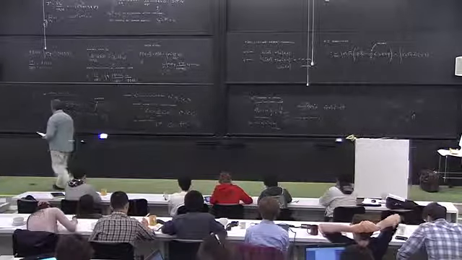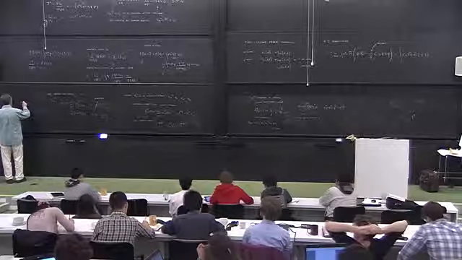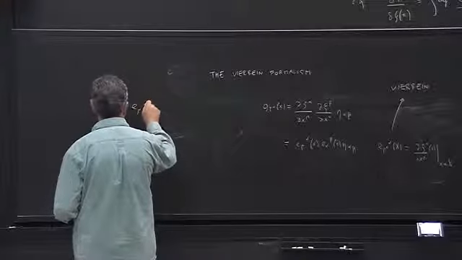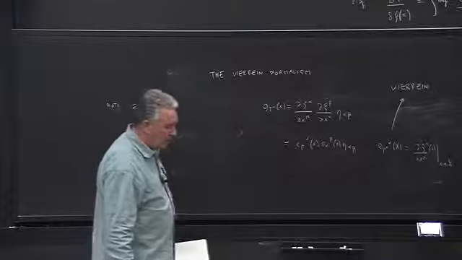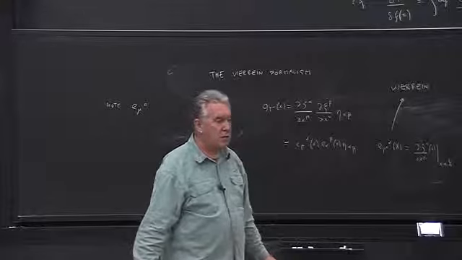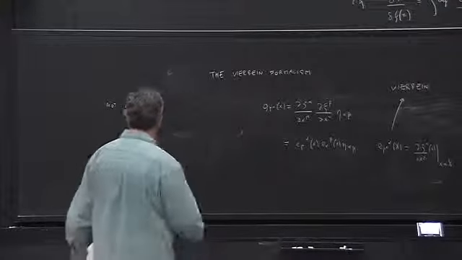Now, note, so I can describe gravity. I could, in fact, forget that I've ever heard of G mu nu, if I wanted to, and describe gravity by this fellow here.